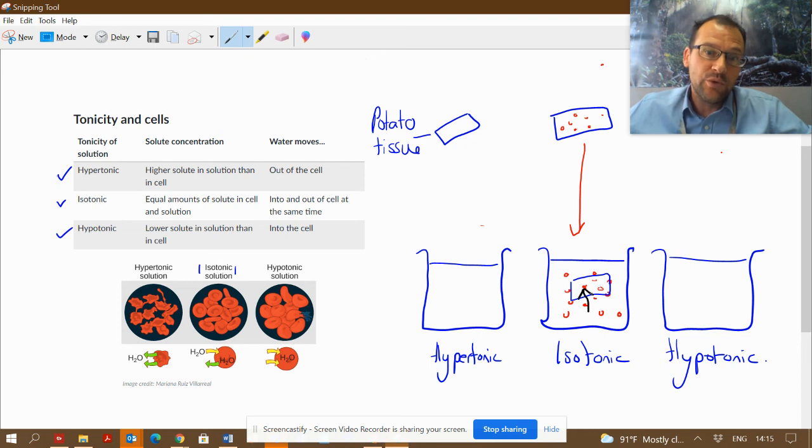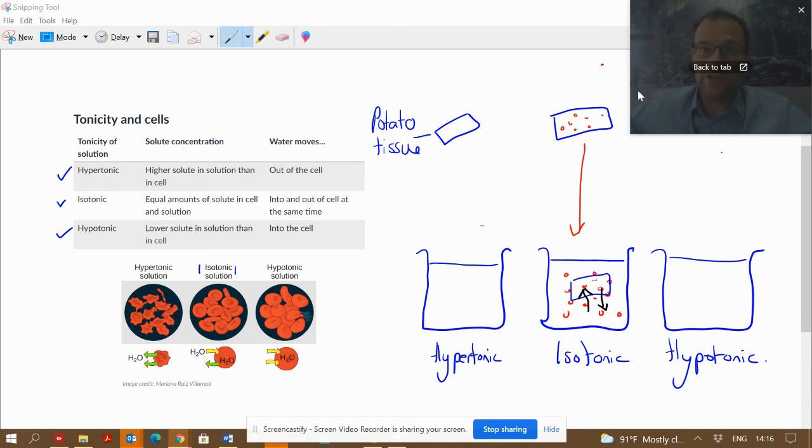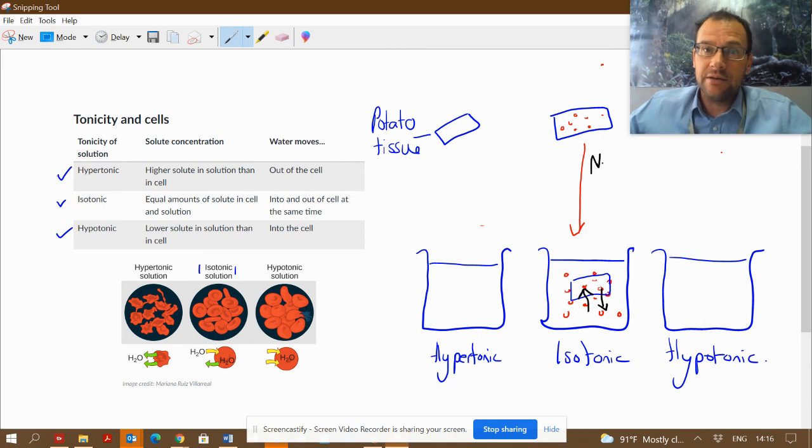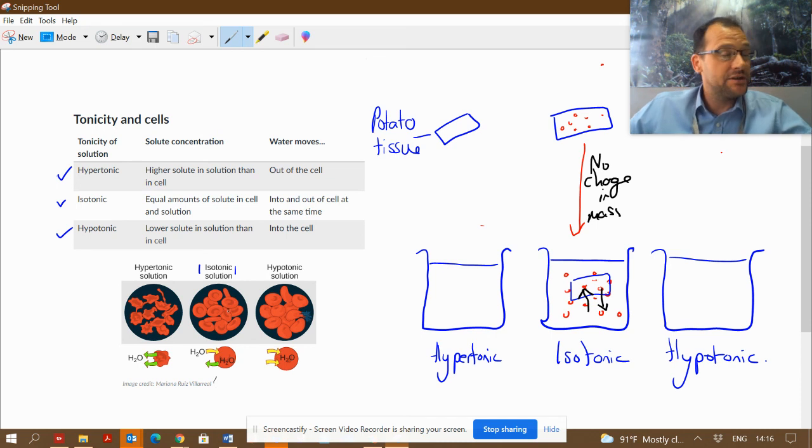We do get some water moving in, but we get exactly the same amount of water moving out across those membranes in the cells in the tissue. So there's no change here in mass at all. And you can see with these red blood cells, when I put the red blood cells in an isotonic solution, they look normal. We've got water going in, we've got water going out, no problem.